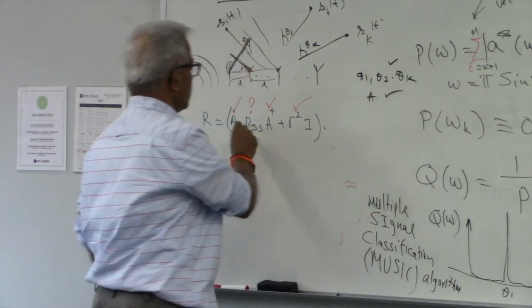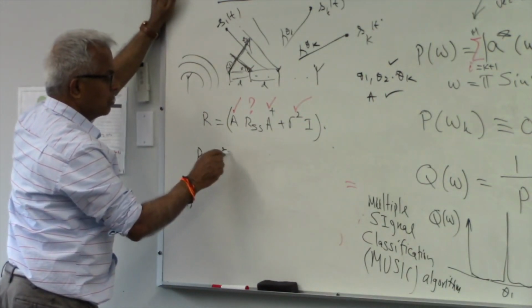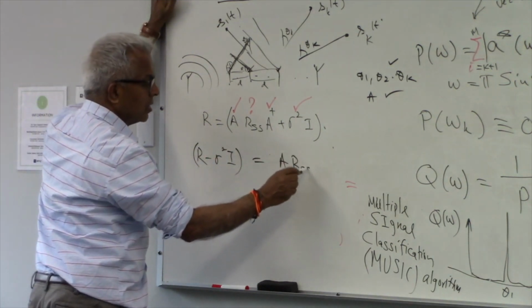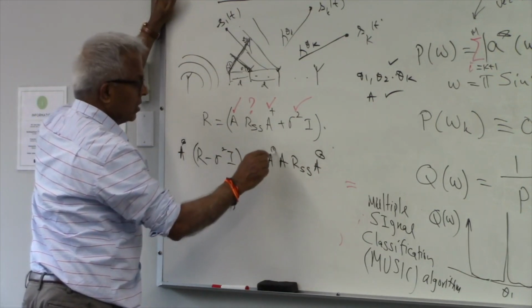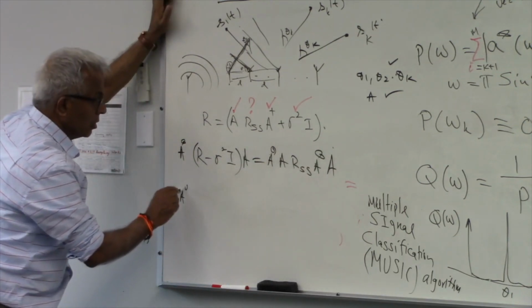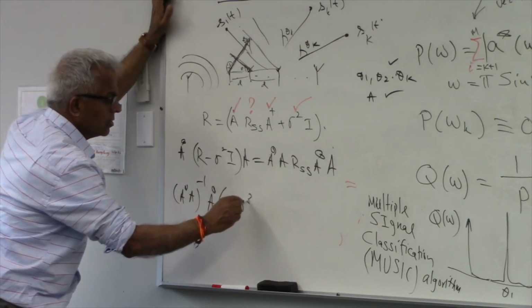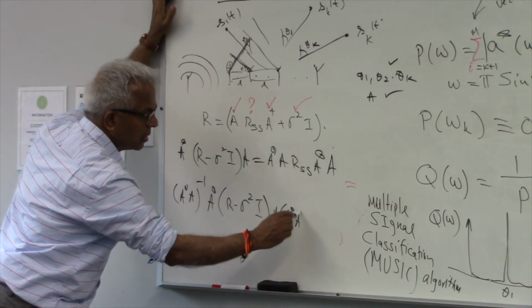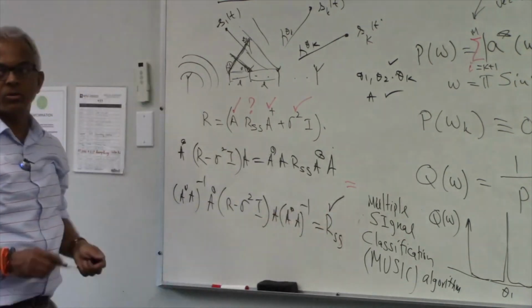That gives you A. So if R is known, and sigma squared we found out earlier, you do R minus sigma squared I, which is equal to A RSS A transpose. Then I multiply by A transpose here, this becomes A transpose A. I multiply by A here, this becomes A transpose A. So I do A transpose A inverse A transpose, R minus sigma squared I, multiplied by A transpose A inverse, that gives you RSS. So you can estimate the signal covariance also.